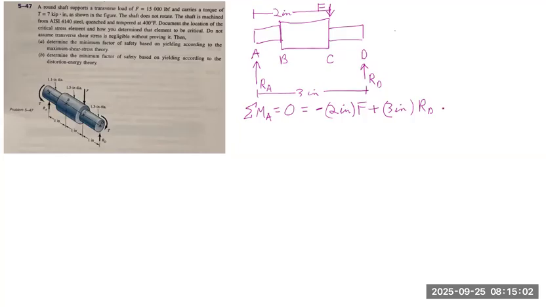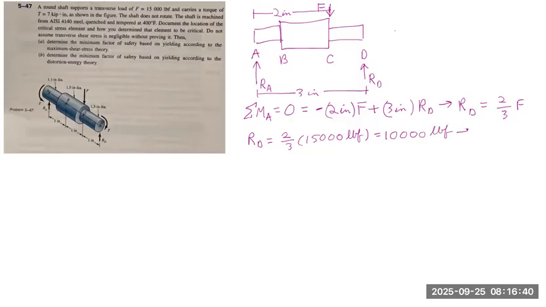So solving for RD, we have that RD is equal to 2 over 3 F. Plugging in our F value of 15,000 pound force, RD is equal to 2/3 of 15,000 pound force, which is equal to 10,000 pound force.